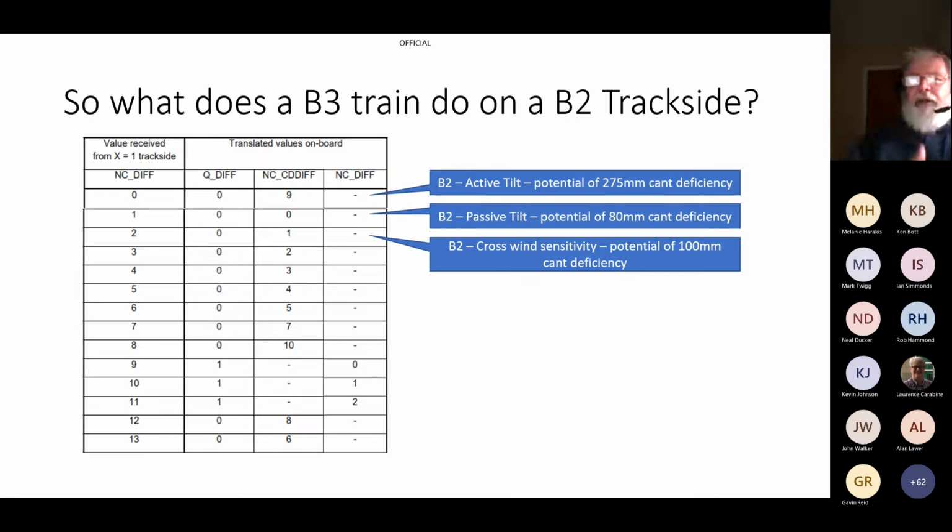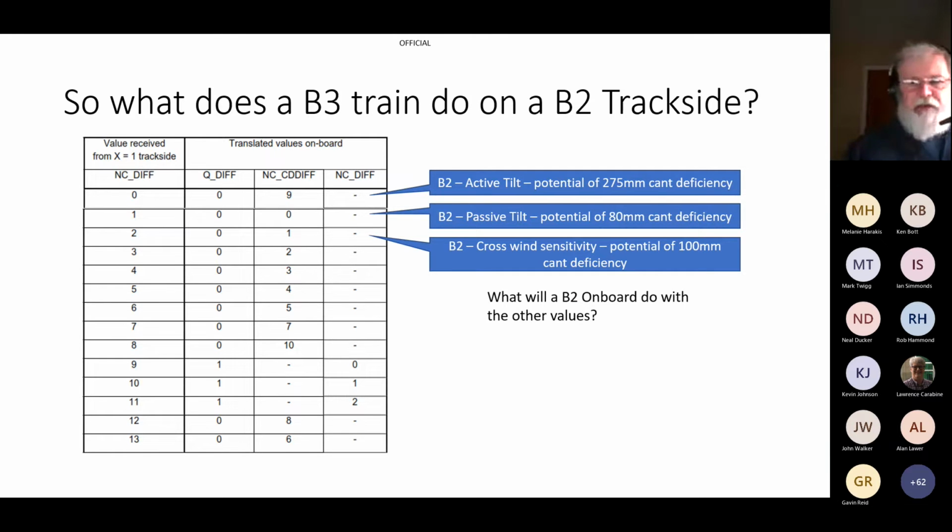So those are the three that a classic baseline 2 trackside could send, but you can see in chapter 6 of the baseline 3 specs, it actually says that the trackside could send up to a code of 13. And those codes up to 13 will be translated by a baseline 3 train.